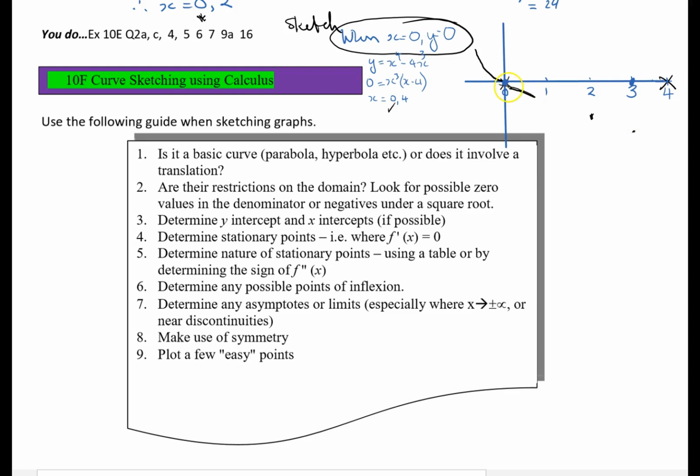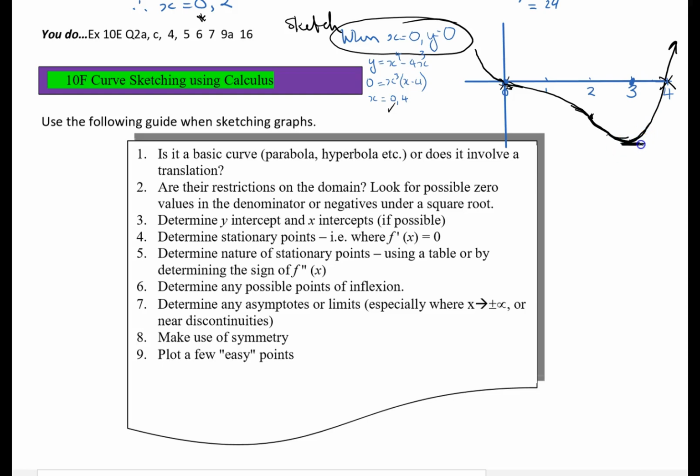So somehow I've got to go concave down, concave up, all the way over until x is 3, and then back through there. I should be able to make that a bit more smooth. It's not a very pretty graph on my behalf, but you get the idea of what it should look like.